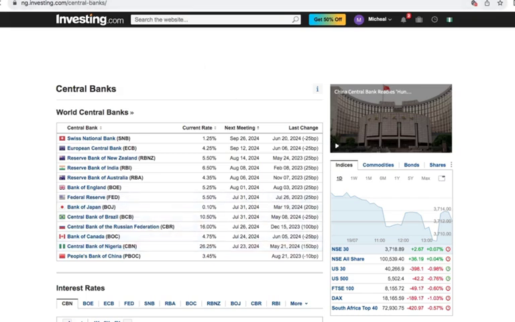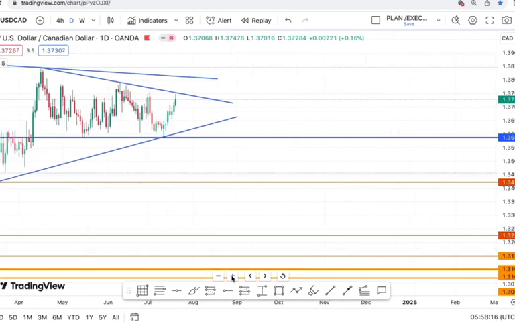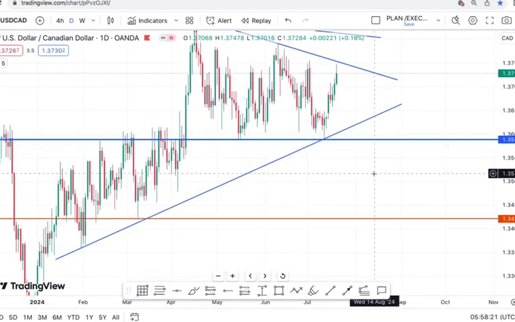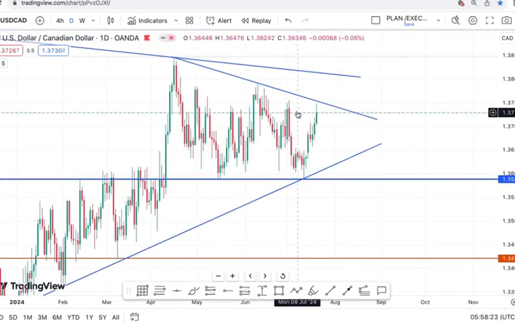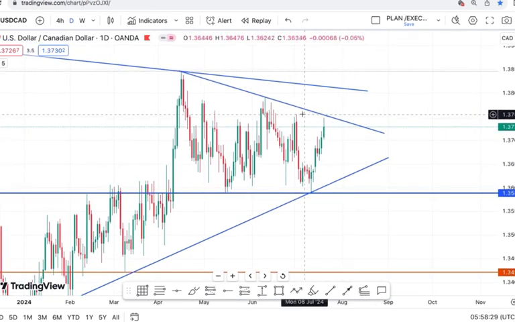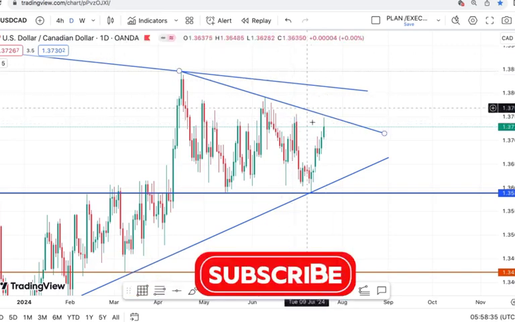So from the fundamental aspect of things, CAD is weak compared to the dollar. So on that note, I'll be leaning on the buy side of things on USD CAD. Price is currently ranging and building liquidity to the upside too. Price did not take out the recent high.